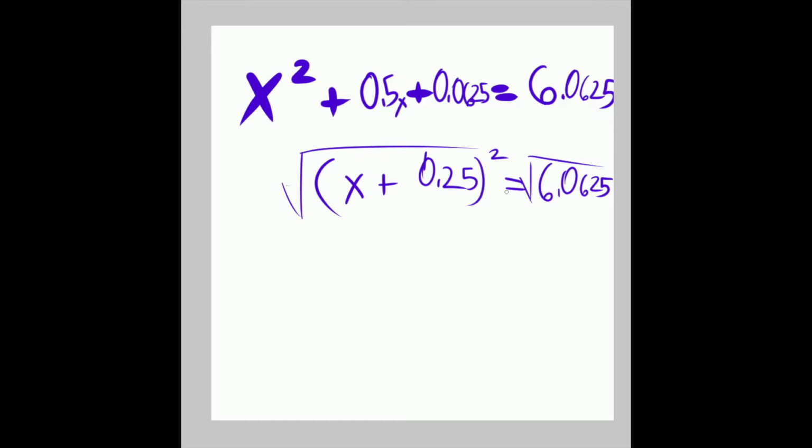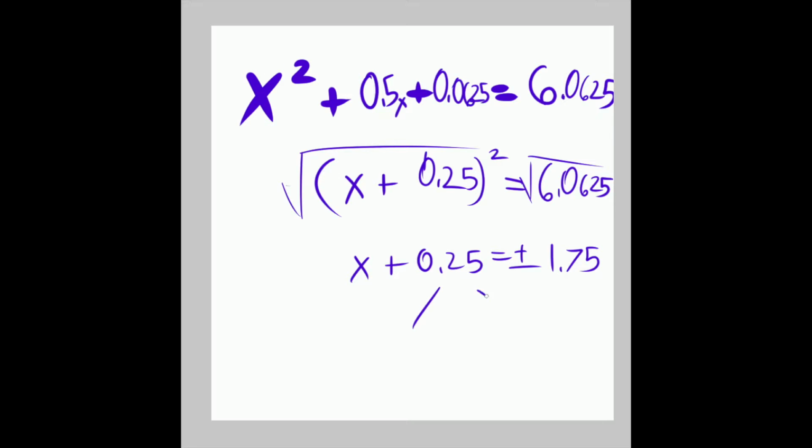Since this is already squared, we simply copy down the original expression without the exponent. And now, the square root of the other side can either be positive or negative 1.75.